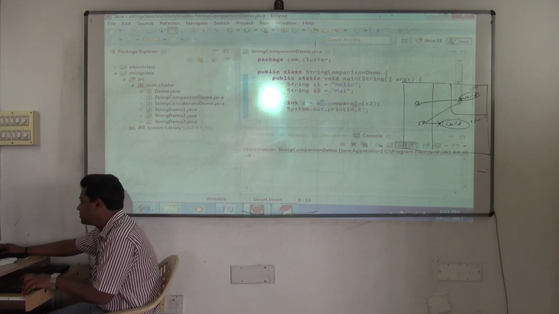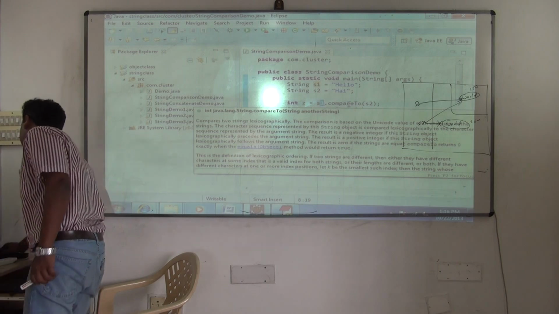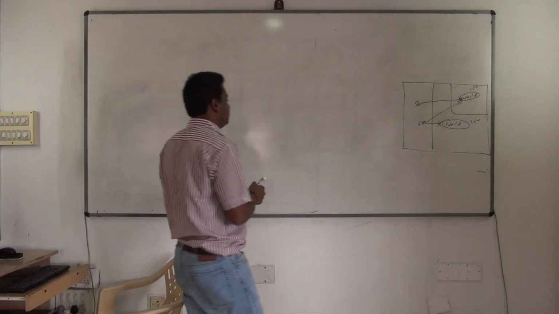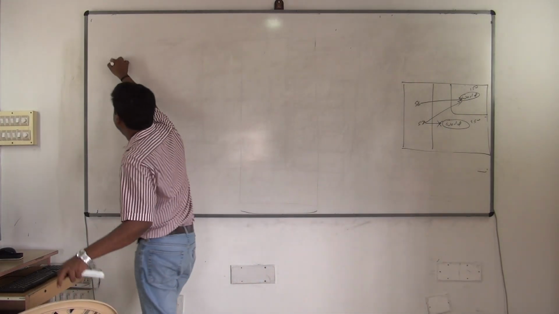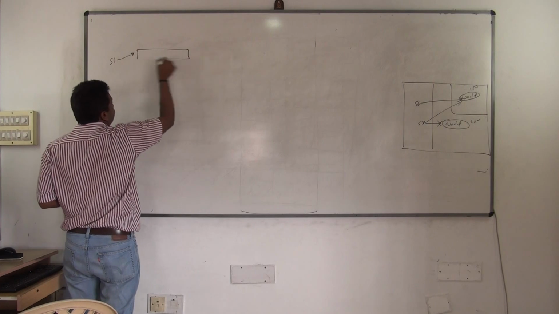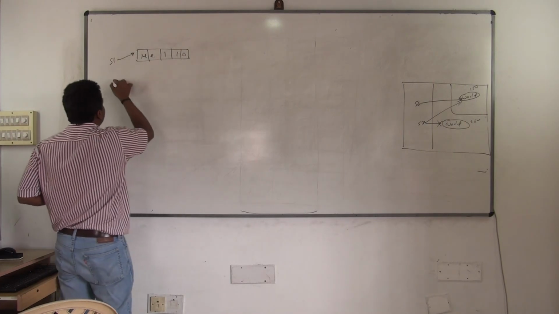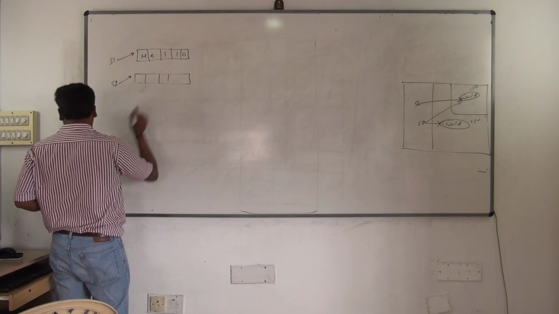So let's understand like this now. See, S1 and hello is there. So when you compare now, how it compares? See, S1 is there, HELLO. S2 is there, hi. Means there are only 3 values here.